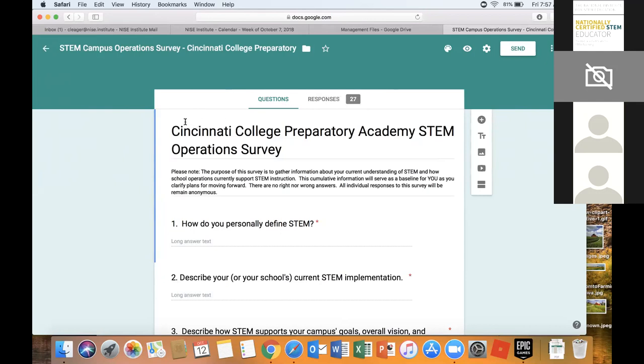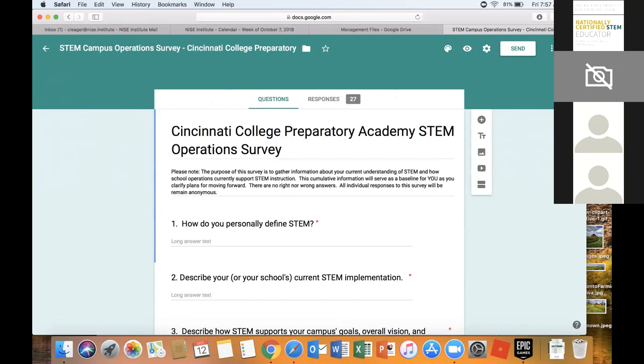So remember that this survey is tied to campus certification, not the individual teacher certification. And this one here is a 16 question open response. It doesn't have to be complete sentences. It can be phrases. But the idea is we are trying to collect teachers' understanding of STEM current reality at the campus level.